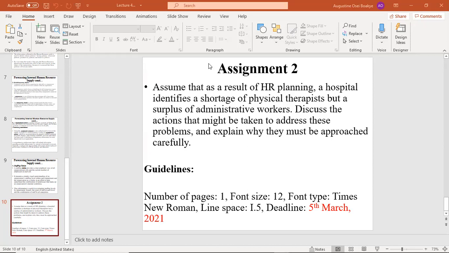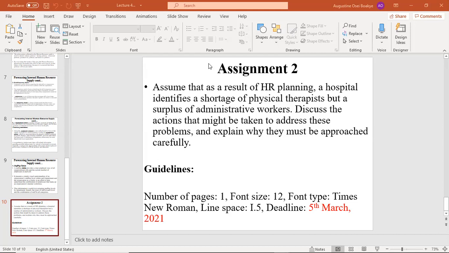The moment you agree to it in that regard and make an argument for the continuity, then you're on the right path. But someone who will get 10 out of 10 will be a candidate who will first of all give a little introduction to what HRP, Human Resource Planning, is.